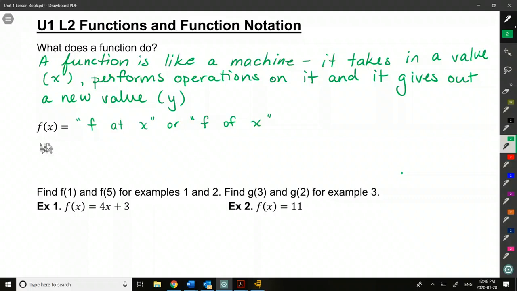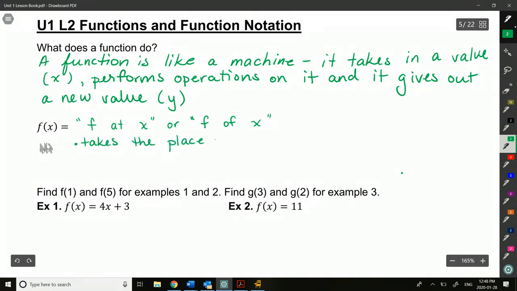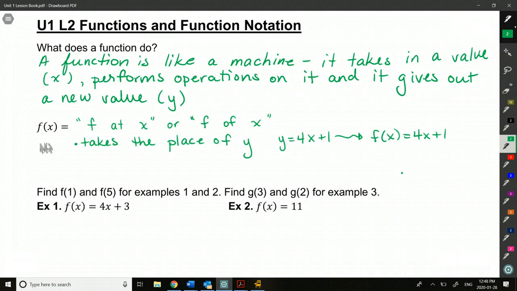Basically what this does is it takes the place of y. So instead of something like, let's say, y equals 4x plus 1, like an equation of a line, we would instead have maybe something like f at x equals 4x plus 1. Those two things are the same thing. It's just that we're using function notation in the second one.